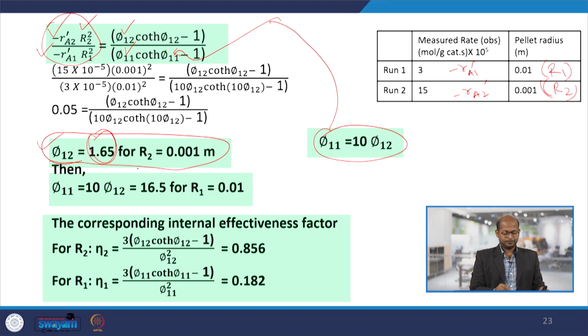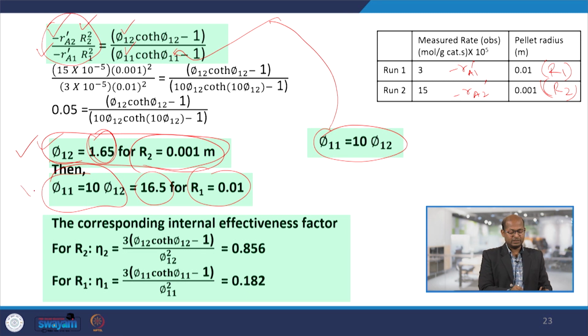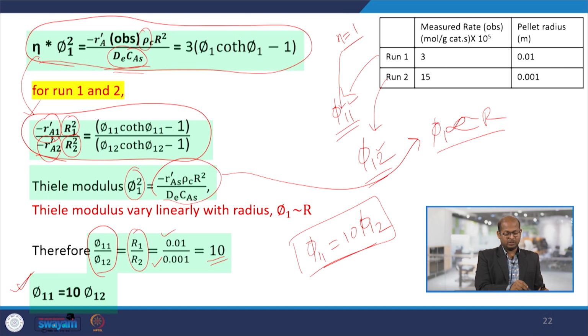So, for the second particle the Thiele modulus, and similarly for the first particle, we can get this. Okay. So, we can evaluate this first, then we can evaluate this. Now the corresponding internal effectiveness factors we can also find out. This is the definition of the internal effectiveness factor and the Thiele modulus relationship.